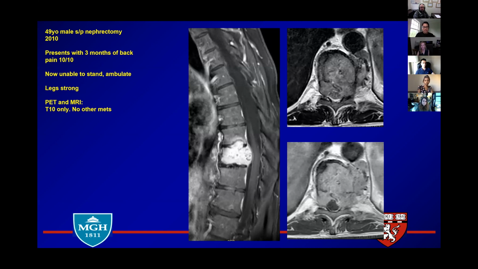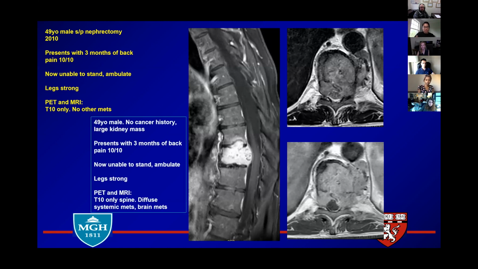So I think that this patient has one lesion, right? But if that person comes in now, same age, but no cancer history, comes in with a large kidney mass, a lot of back pain, same exam, but maybe one spine lesion, but diffuse metastases, liver, lung, and in the brain, would you treat that patient the same way? Okay. And I think that's what we struggle with.